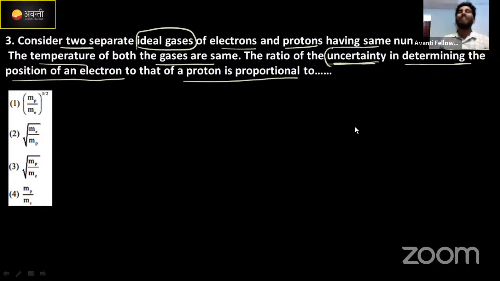Okay, leave it. Okay, uncertainty इधर calculate करने के लिए एक equation दिया है, that is delta x dot delta p is greater than or equal to h divided by 4 pi. Note down this one. This is for uncertainty. Just a minute, guys.